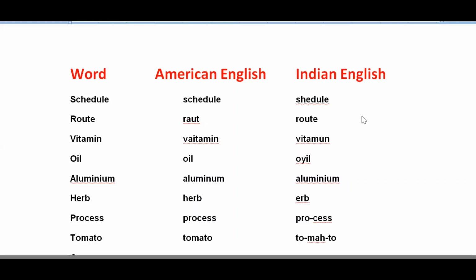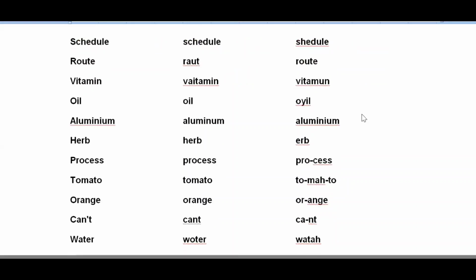Now, the next word we have is herb. Indian people say herb. The next word is process. Indian people say process. The next word is tomato. Generally Indian people, when they speak English, they say tomato in American accent and tomato in Indian accent.